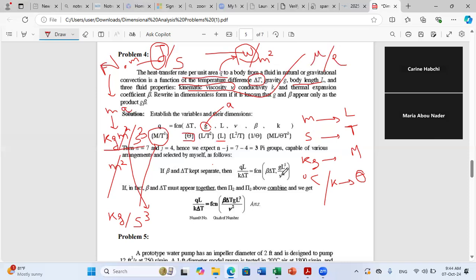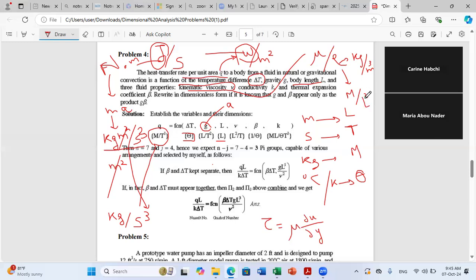You get it from the equation of shear, tau equals mu del u by del y. You can get the unit of mu, and then you divide by rho. Rho is in kilogram per meter cube, so the dimension of rho is M over L cube.